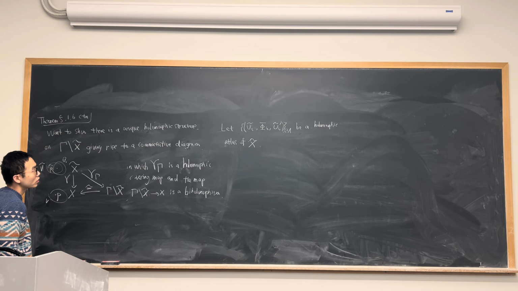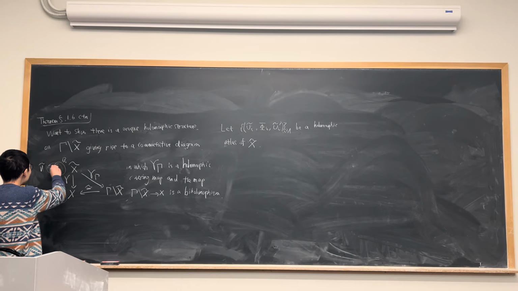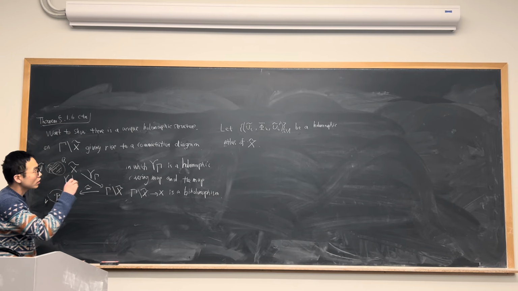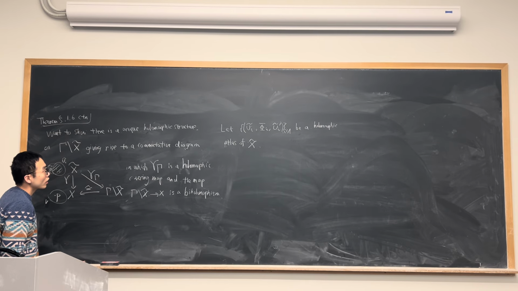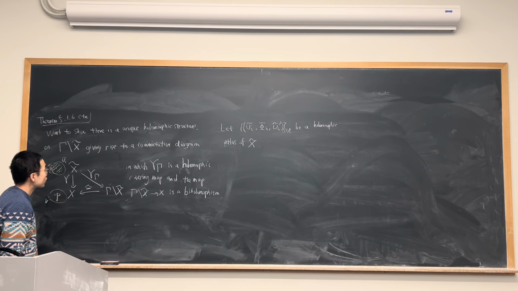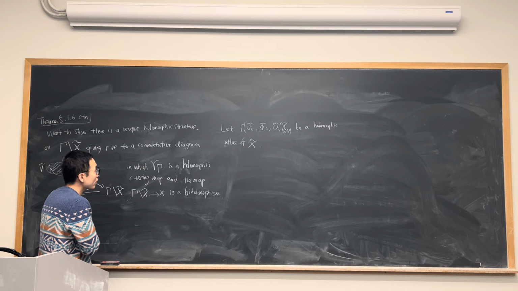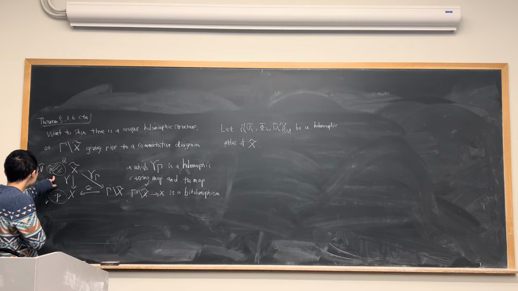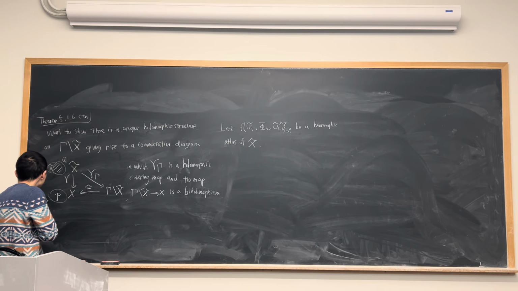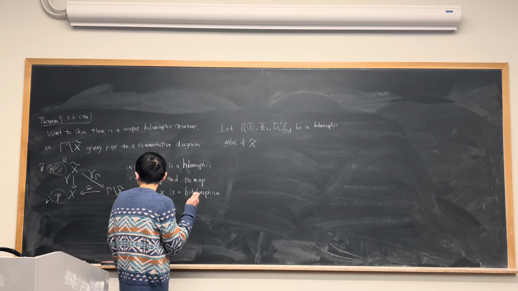Then we just replace this open set by our U_i, and replace phi_i by phi_i restricted on the intersection, and U_i prime by the image of this intersection under phi_i.